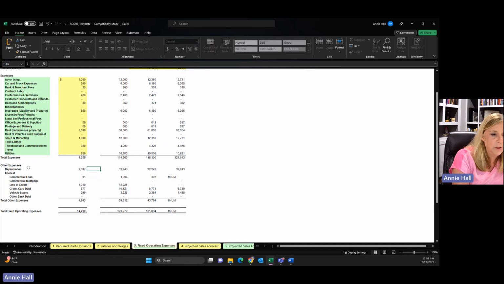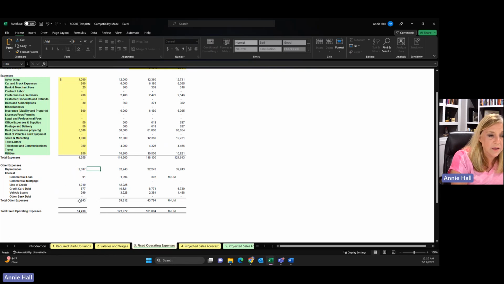Depreciation is that reduction in value of your assets that you get to treat like an expense, but it doesn't take cash. So this $95.55, that's cash. That's stuff we're going to have to pay. The commercial loan, we're going to have to pay the interest. Line of credit, we're going to have to pay the interest. Credit card debt, vehicle loans, all of that, we're going to have to pay the interest.